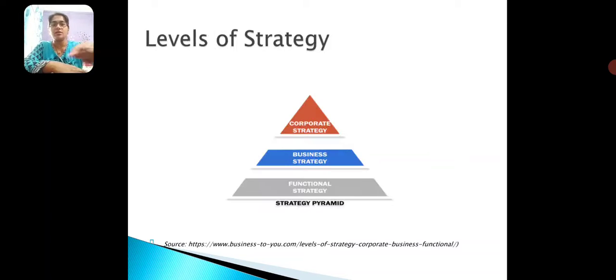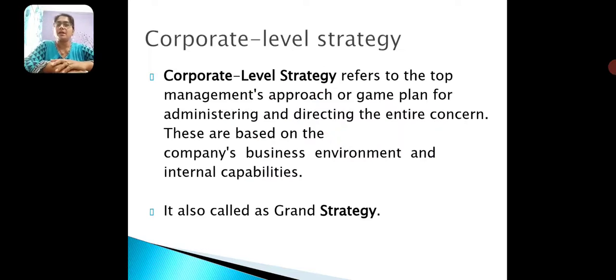So in this session we will talk about the corporate strategy, which is of course corporate at the top of the pyramid. This has so many businesses within it, and under each business they have their functional levels. So here in the corporate level strategy, this is done by the top management.